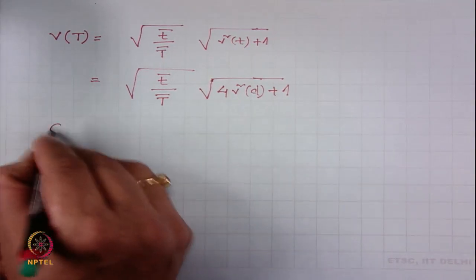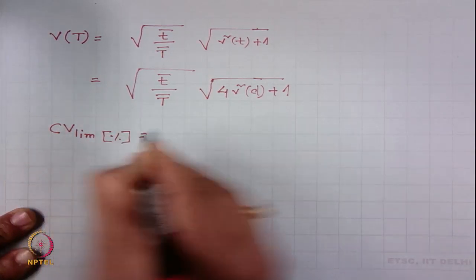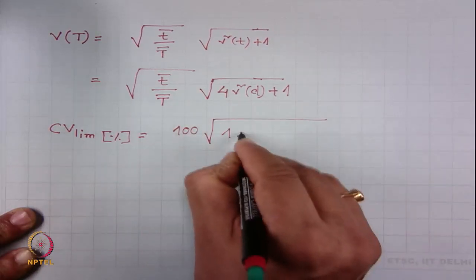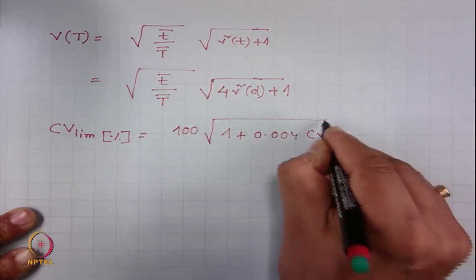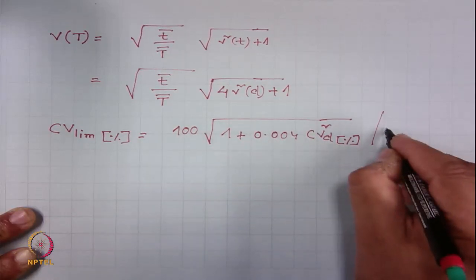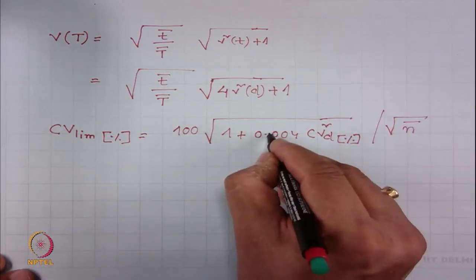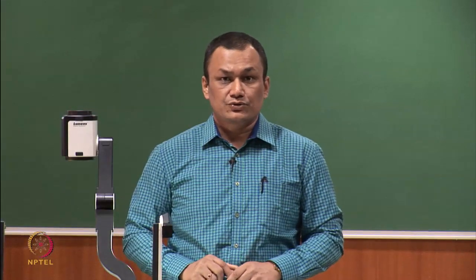In terms of unit, CV limit equal to 100 into 1 plus 0.0004 CV square d in terms of percentage divided by root over n bar. This expression also you will see in many standard textbooks.